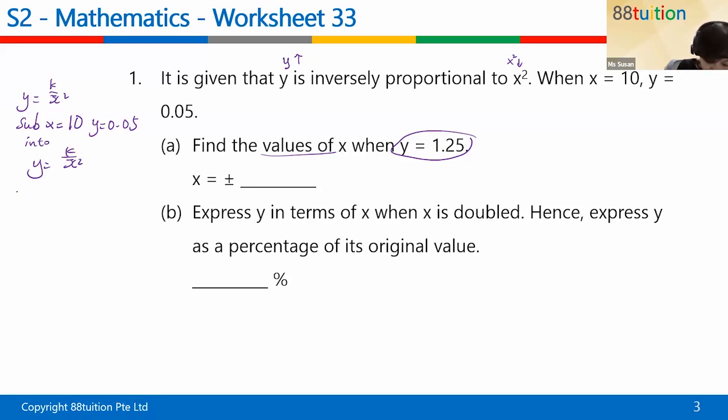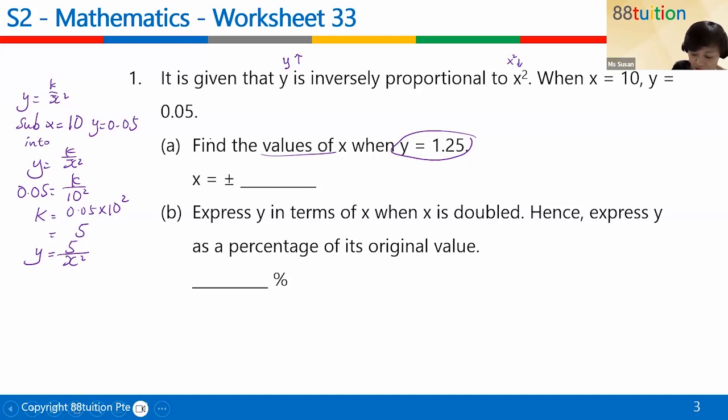My y is 0.05, k is a constant that we leave there first, and x is 10. So k is 0.05 times 100, which is 5. So I have now formed y equals 5 over x squared.